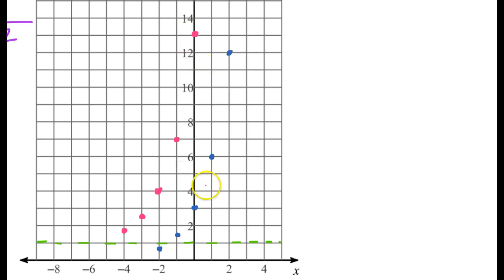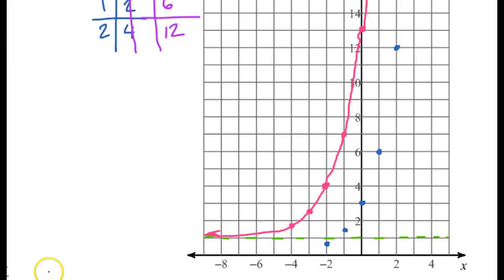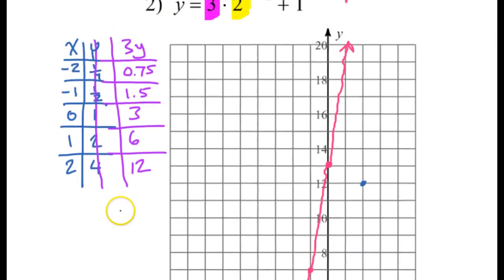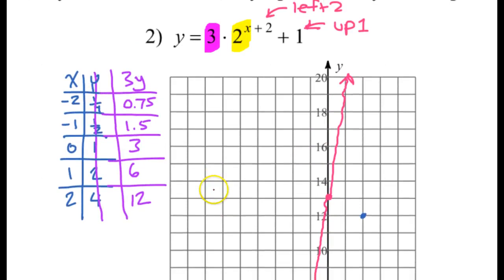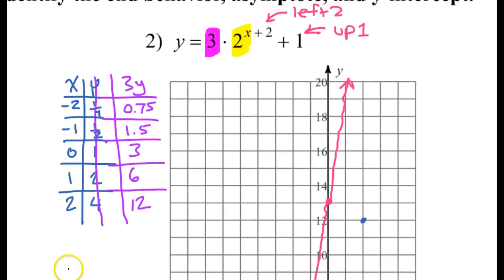All right, so these red dots represent my actual final answer. Okay, so your final graph should look something like this. All right, mine always gets a little jagged at the end, but I'm doing the best I can. So that's it for problem number 2.